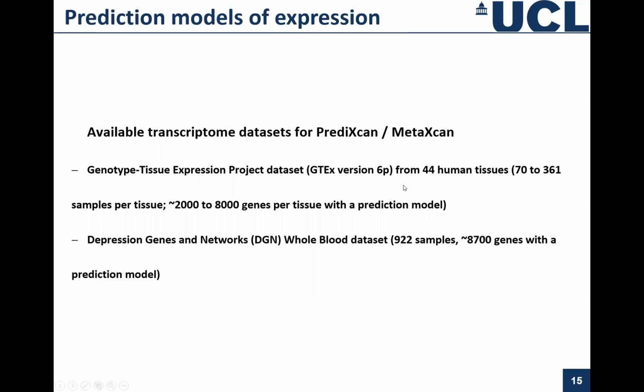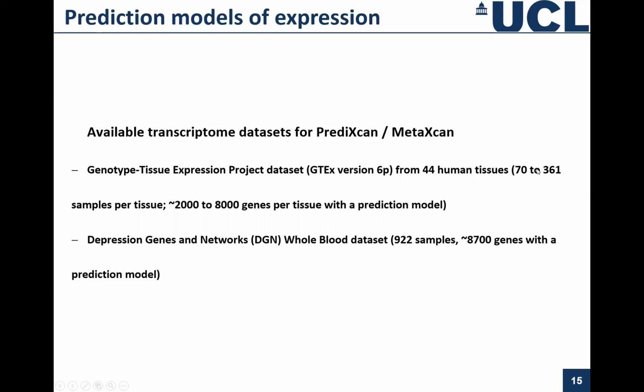So, in the end, these are the available transcriptome data sets for both software, which are provided as ready-to-use prediction models. The first is coming from the Genotype-Tissue Expression Project, GTEx, from the last version they uploaded to dbGaP, of 44 human tissues with 70 to 301 samples per tissue.